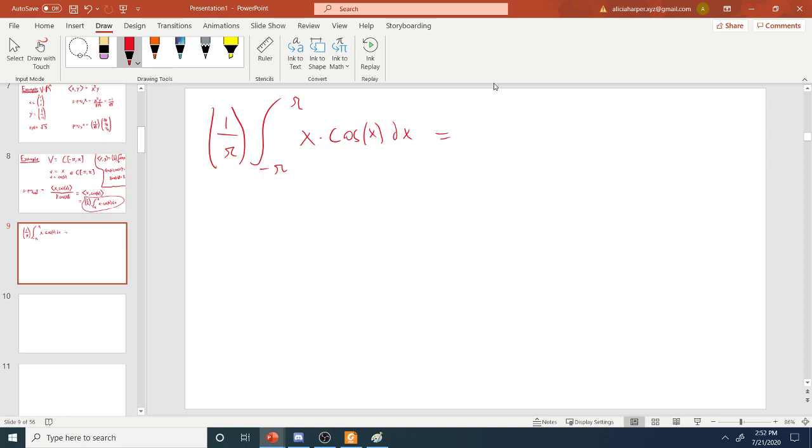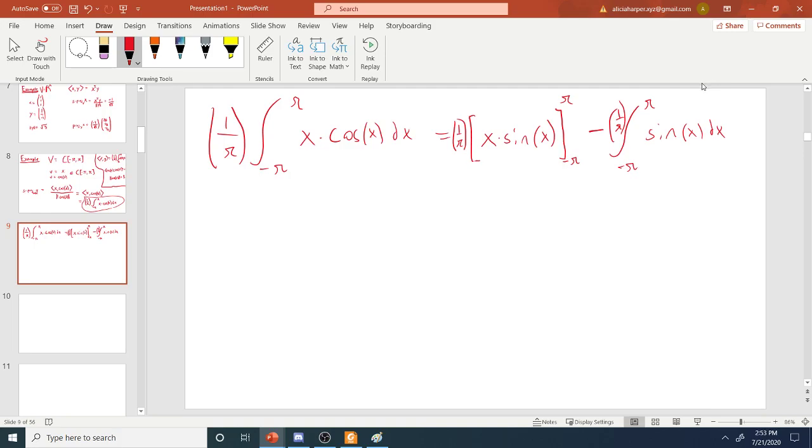Well, this is basically not u-substitution, it's the reverse product formula from integral calculus, integration by parts. This is the same thing as x times sine x evaluated at pi and negative pi, minus, oh sorry, I have to have a 1 over pi here, 1 over pi times the integral from negative pi to pi of sine of x dx.